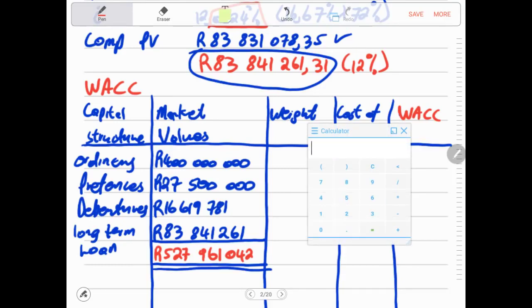Just recalculate it to affirm the accuracy of the numbers. 400 million plus 27,500,000 rands plus 16,619,781 plus 83,841,261.